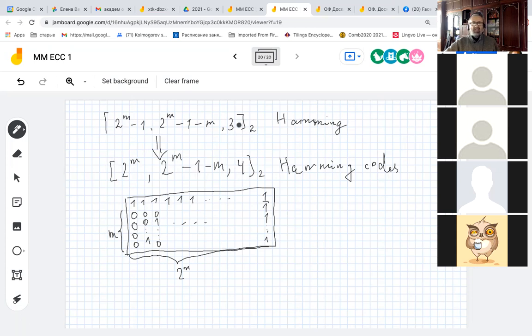And if the distance was already at least 4, then adding a new bit doesn't decrease it anyway.